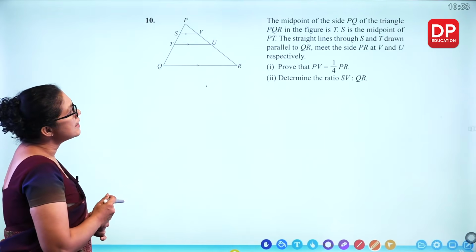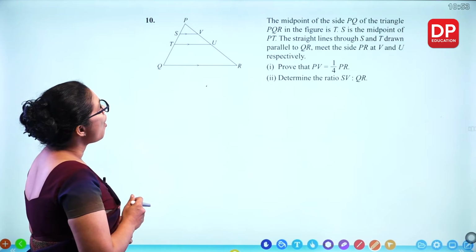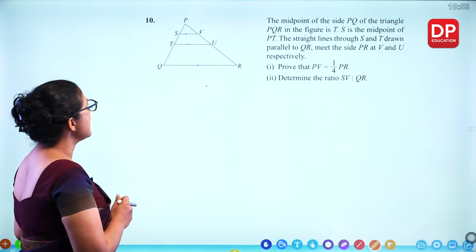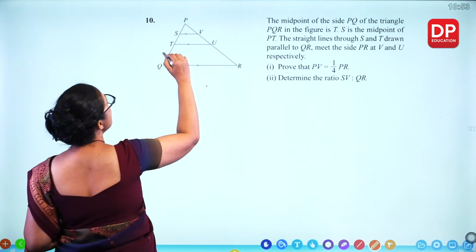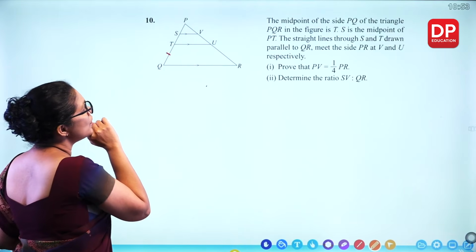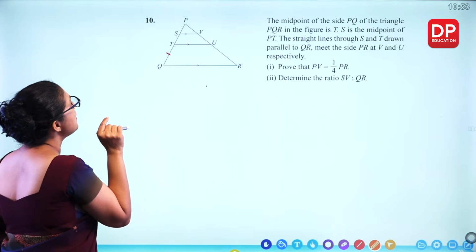Question number 10. The midpoint of the side PQ of the triangle PQR in the figure is T. So this is midpoint, so this distance is equal to this one. And also, S is the midpoint of PT.